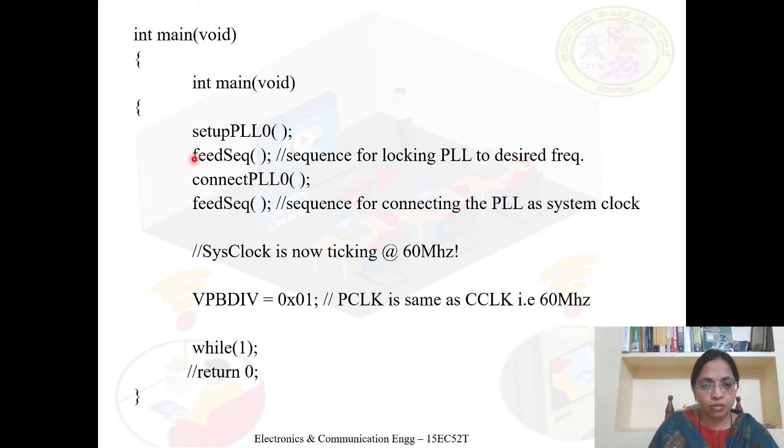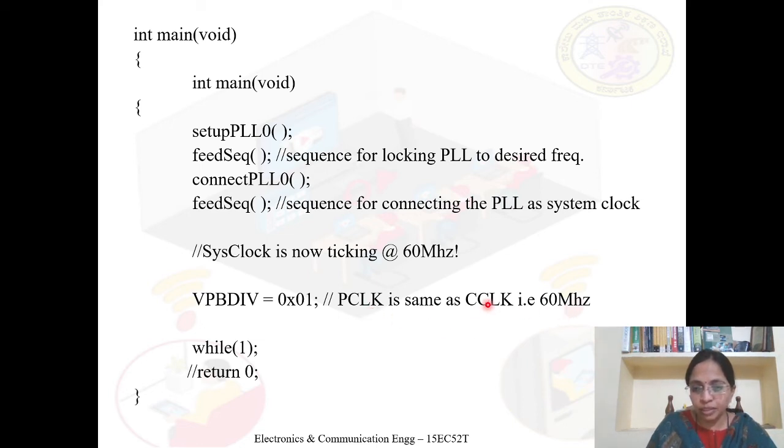After these 4 steps, when we call these 4 functions, the PLL will generate a clock frequency equal to 60 megahertz. But the problem also says this frequency should be the same for the system as well as for the peripheral devices. That is, the system clock or CPU clock and the peripheral clock should be configured to the same frequency of 60 megahertz.